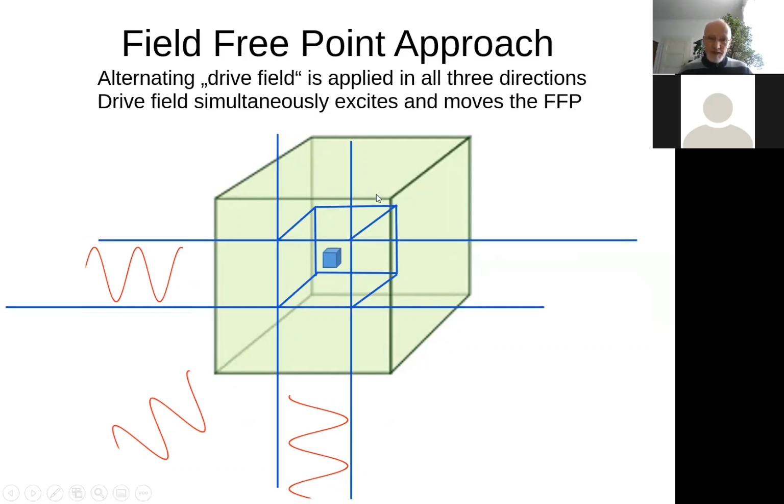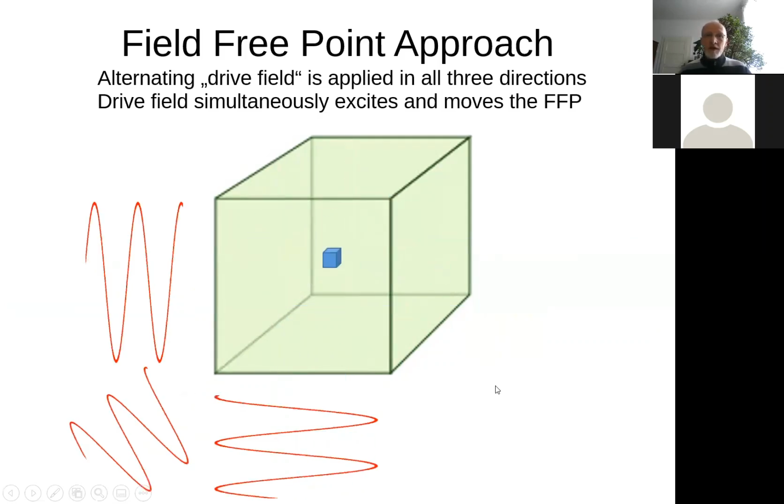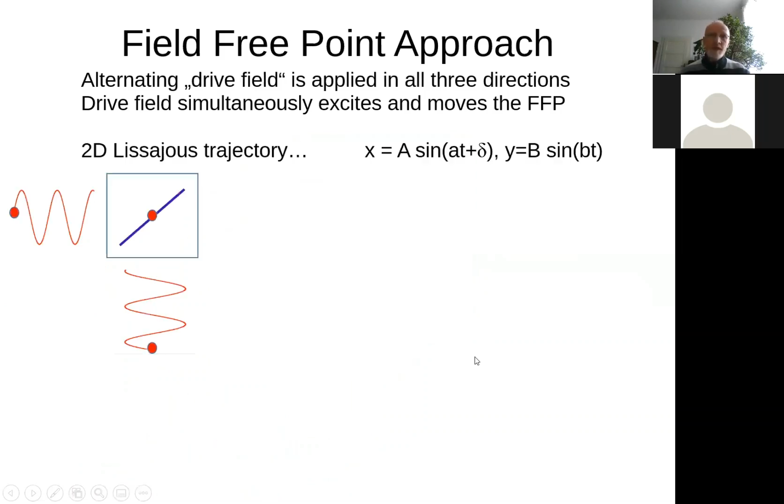Of course, the space in which the field-free point moves is given by two factors. One is the strength of the gradient field, the static field, and the other is the amplitude of the drive field. If I want to cover a whole volume, then I need a higher amplitude, of course. So, what in fact happens with the field-free point if I apply alternating fields from different directions?